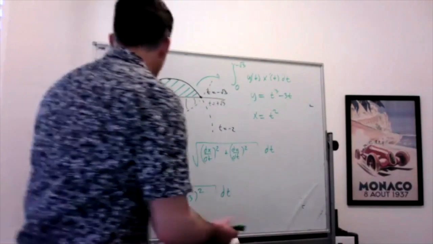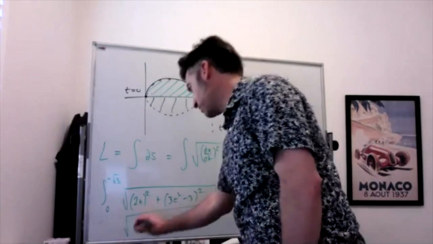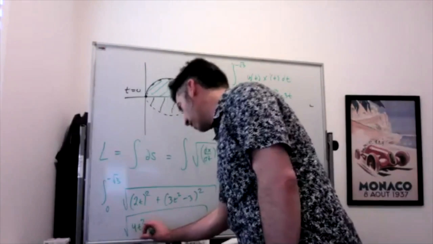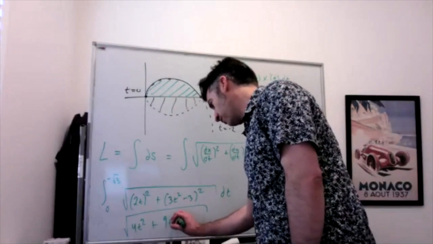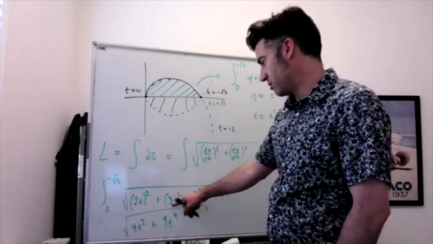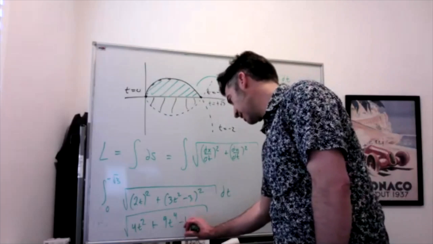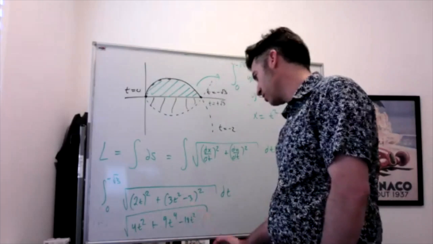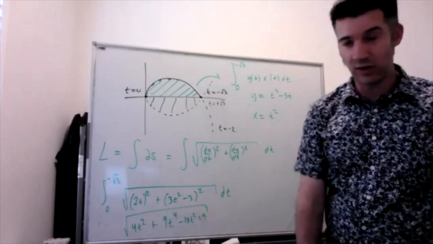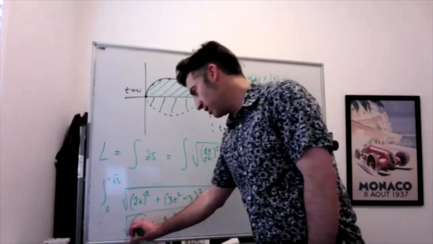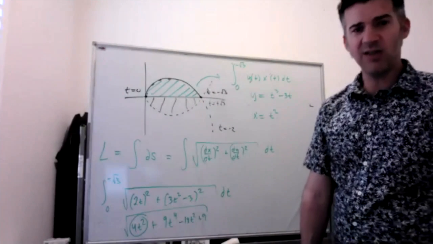So we'd have the square root of 4t squared. If you multiply this out, you get 9t to the 4th, minus 3 times 3 is minus 9t squared twice, so minus 18t squared plus 9. So what I needed to be true was for that to be 36t squared instead of 4t squared. So let's change our function.